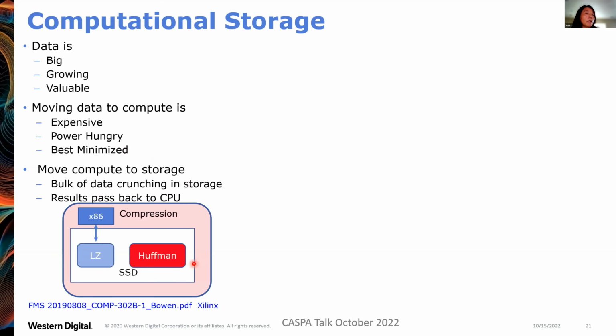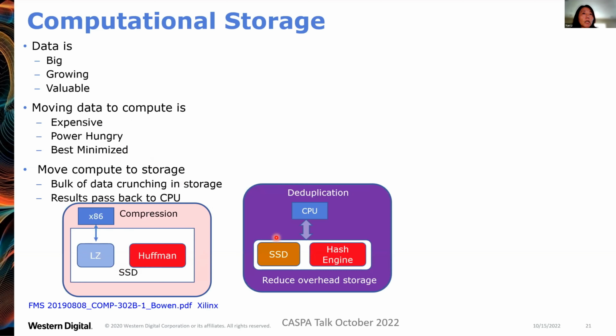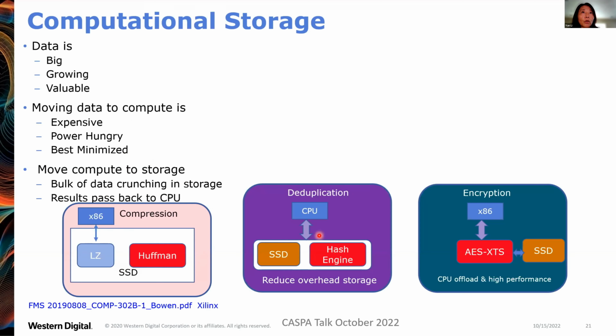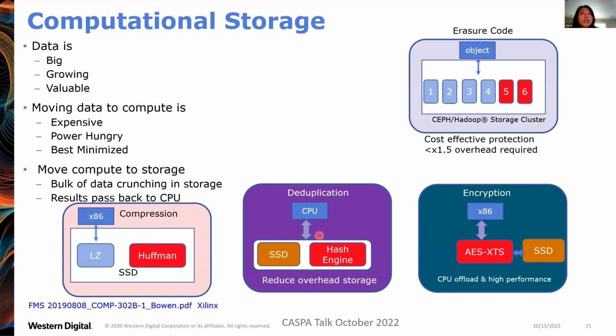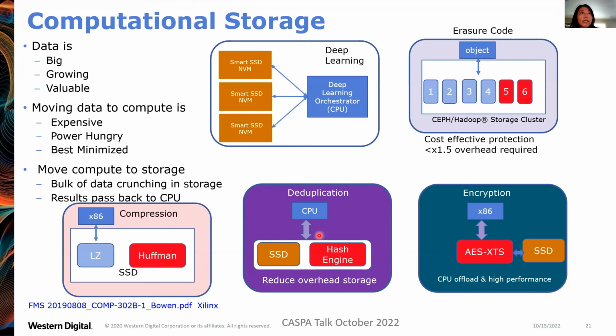Some of the specific computation we can offload includes compression, deduplication, encryption, erasure code to protect your data, and some deep learning. Many people already work on it, and we are seeing more and more people moving in this direction.